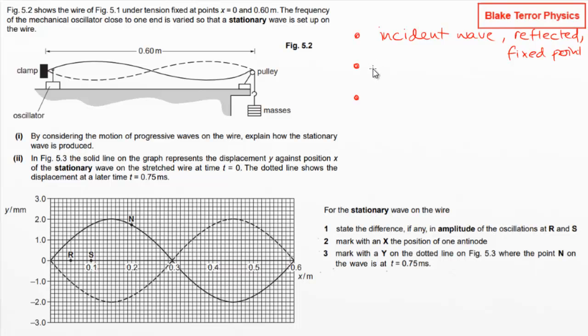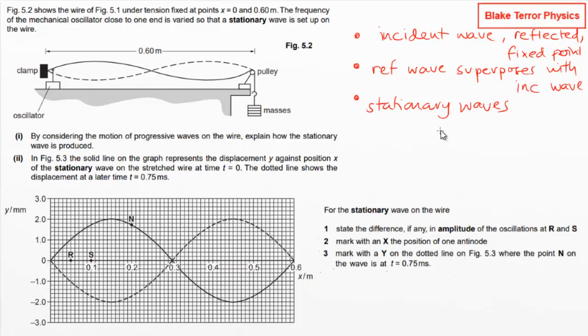Then we need to say that the reflected wave superposes with the incident wave, and that this produces a stationary wave with nodes and antinodes. I mean, you probably get sick to death of writing that out by the time you've done all your revision, but you need to keep going through it, I suppose.